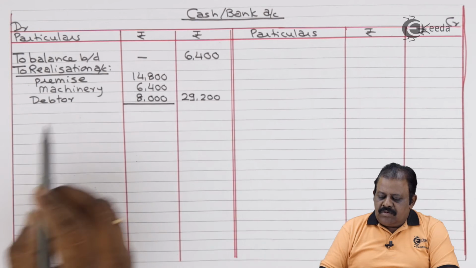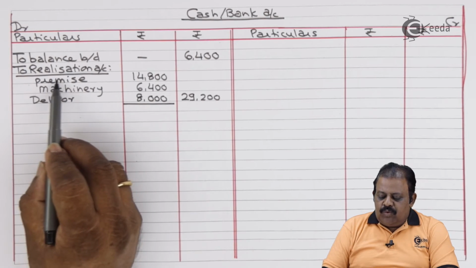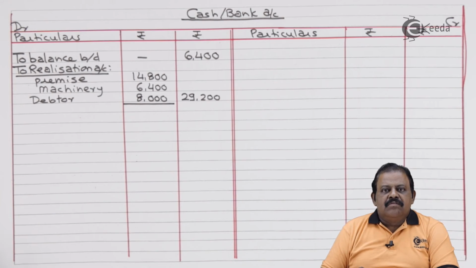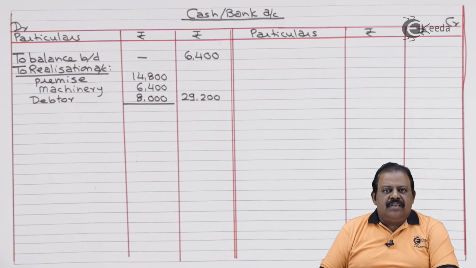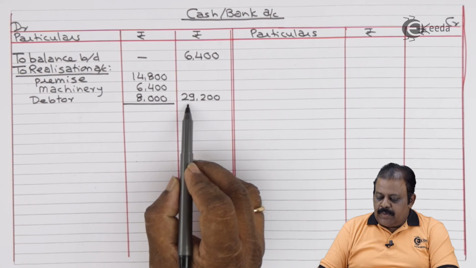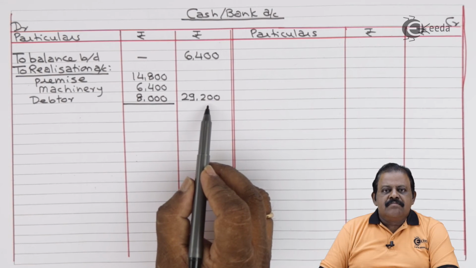Cash bank account debit side to realization account, assets sold, premises, machinery, debtors realized, total 29,200.